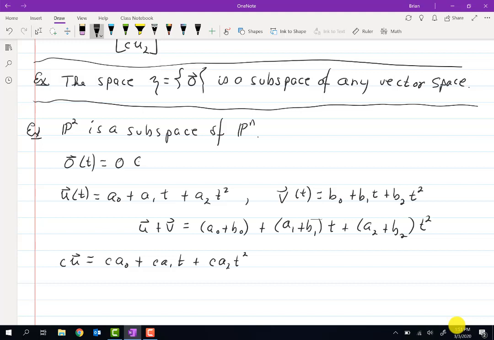And same thing with this. Now for this one here, if c is 0, it just zeroes everything out. We know it's okay. For any other c, I'm going to get a polynomial of degree 2 if a2 was not equal to 0. And so we can see that this item also is in P squared.